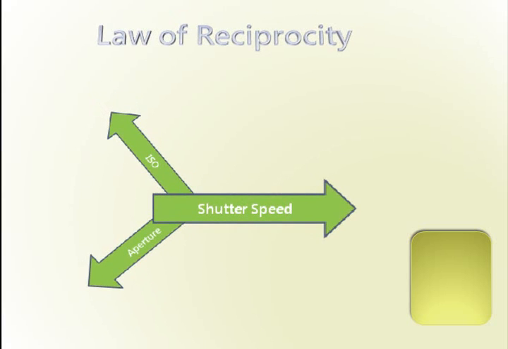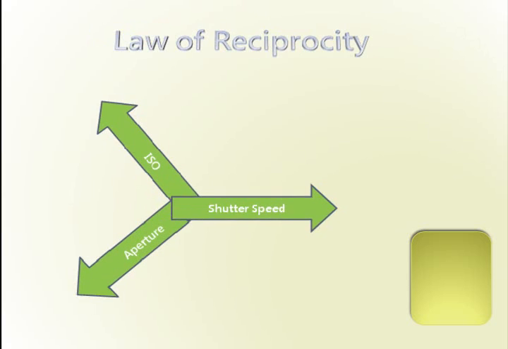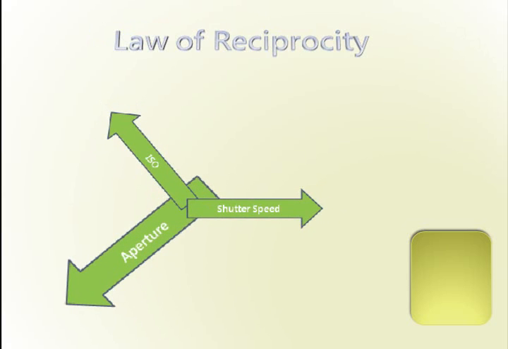Or let's say you leave your shutter open longer and let in more light. What's going to have to happen to the ISO and the aperture? See, so they will be letting in less light. And the same thing with aperture. If you have that hole really big, what's going to happen to the other two factors? They're going to have to let in less light.